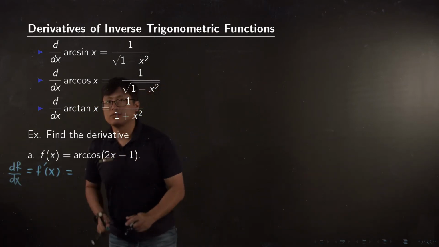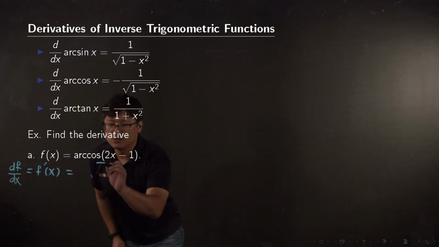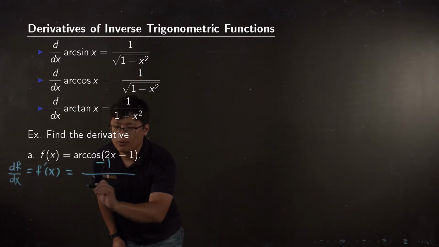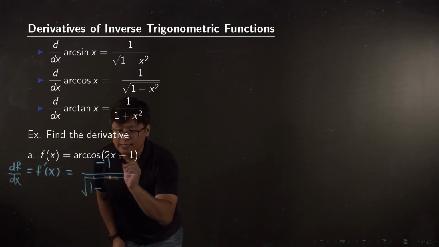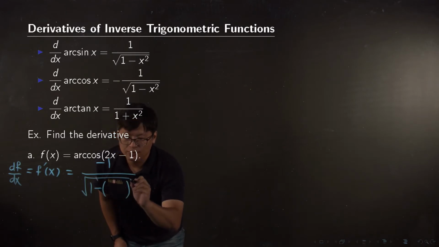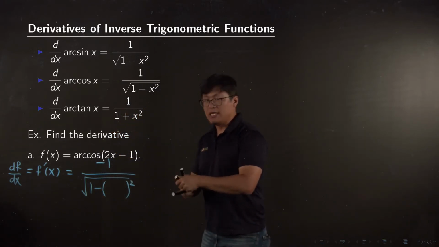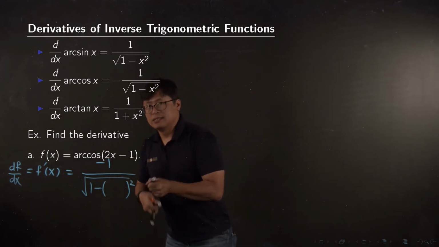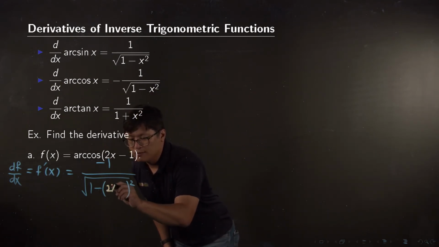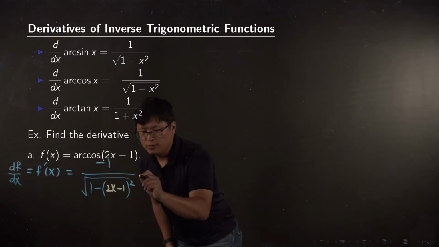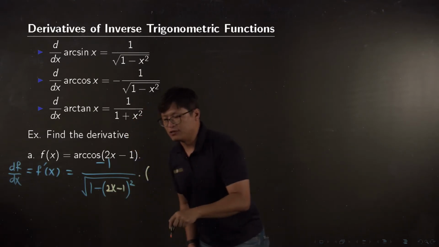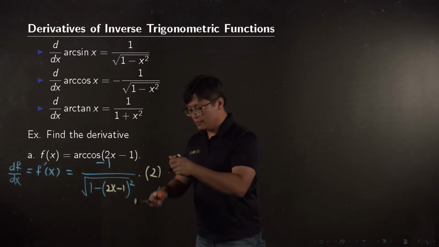The derivative of arc cosine is minus 1 over the square root of 1 minus x squared, but x is the inside function. Keep in mind there is an inside function, the second layer, which is 2x minus 1. Once you write this, you have to multiply by the inside function's derivative, which is 2. So this is the answer.